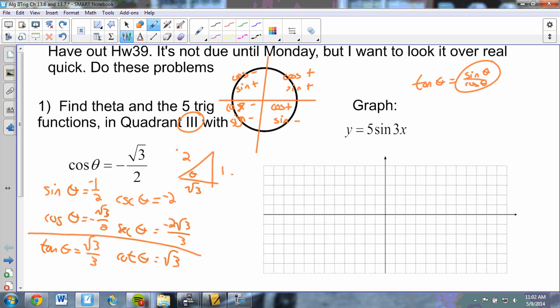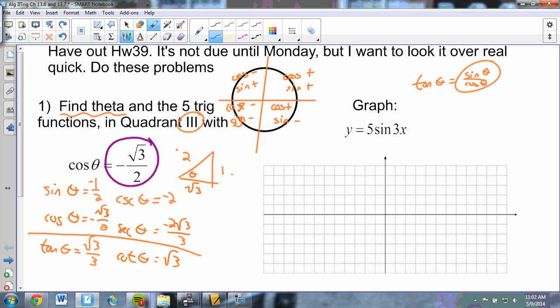What's theta? Let's define theta also. The reference angle might be 30, but it's not 30. It's 210. Why is it 210? Because I just looked on my unit circle and that's where the 210 is. This is a unit circle ratio.